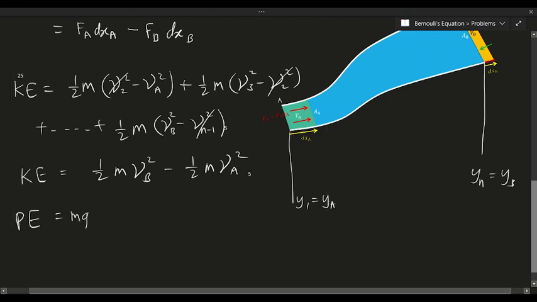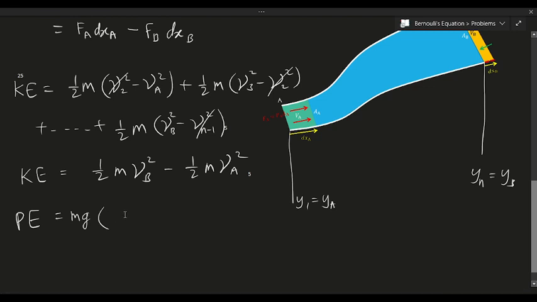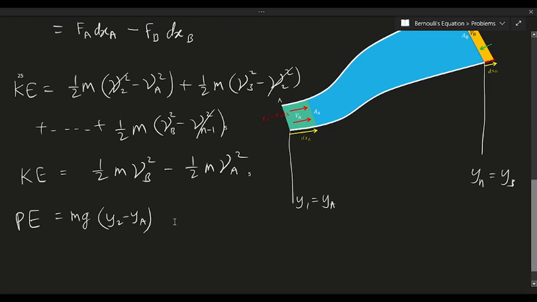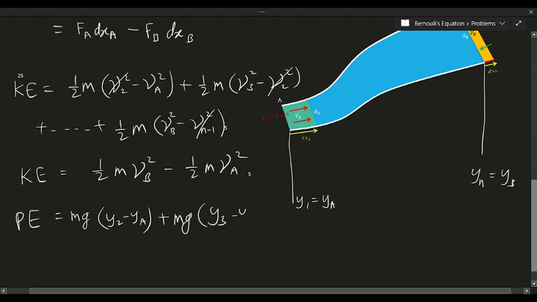So its potential energy change will be mg multiplied by the elevation through which the liquid has risen, and this will be Y2 minus Ya. The second liquid element replaces the third, and it undergoes the elevation from Y2 to Y3. So the potential energy will be mg times Y3 minus Y2, which represents how high it has risen.